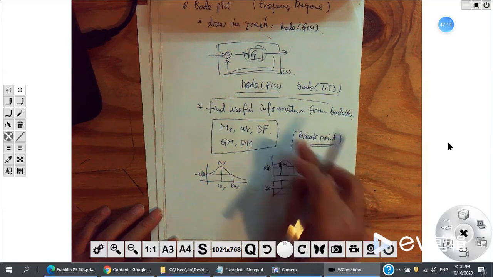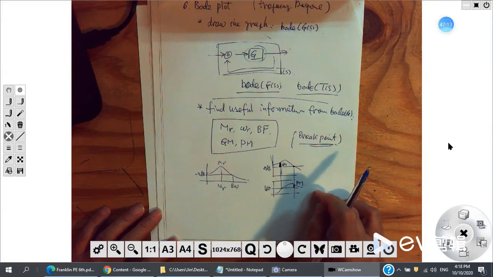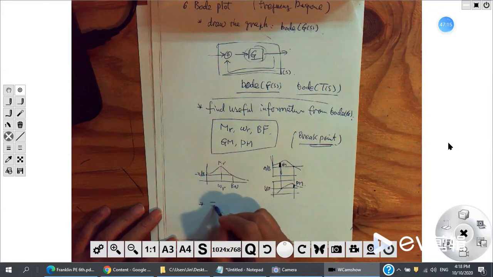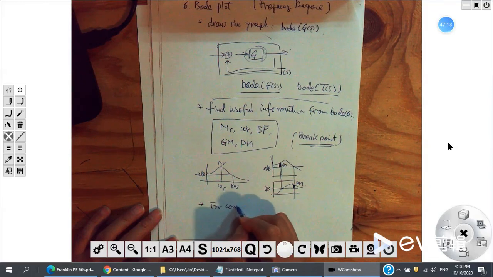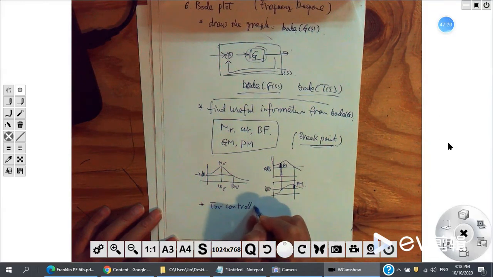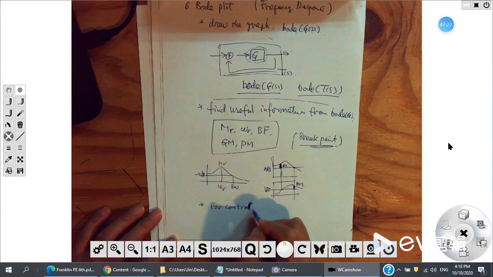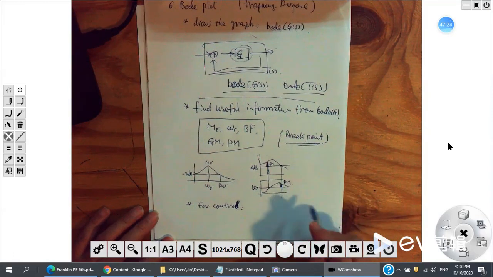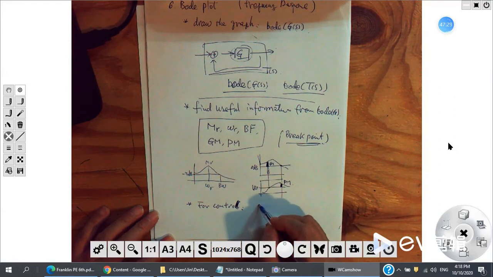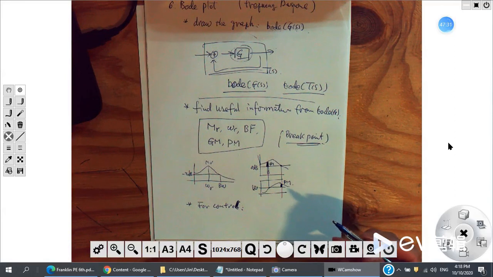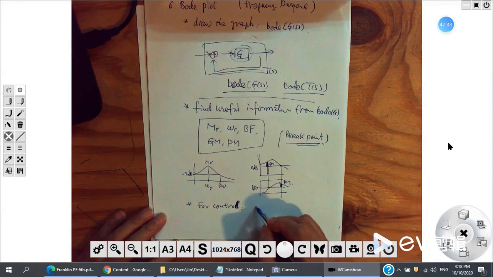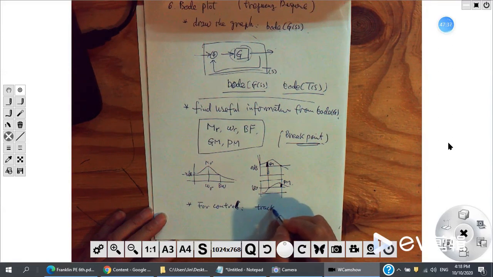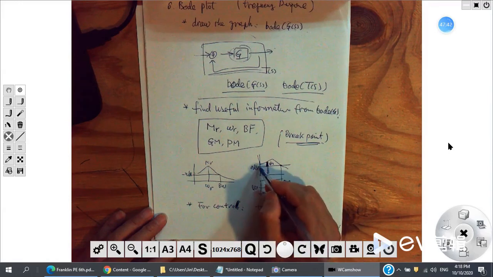So what kind of information can we have for control? For control design, we can have several things. We can know the tracking type. Yeah, actually, you look at this side.